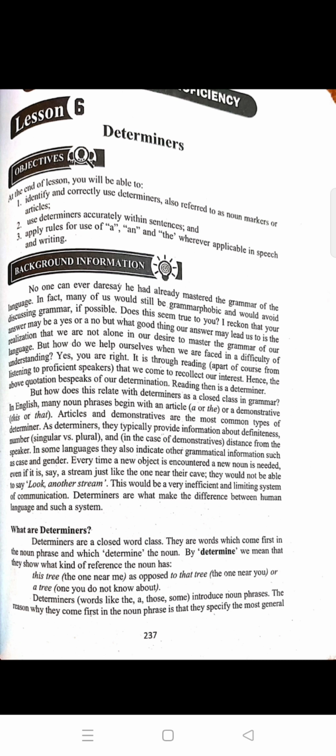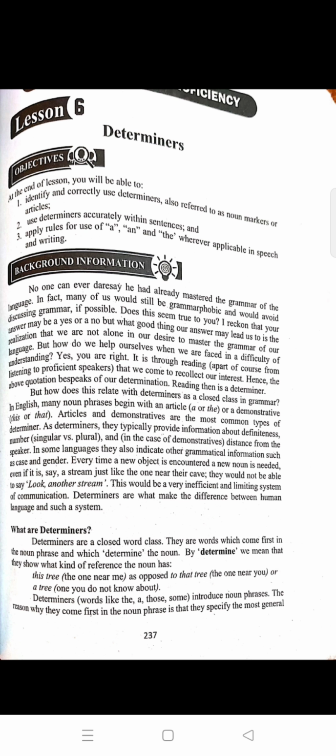So what are determiners? Determiners are closed word class. They are words which come first in noun phrase and which determine the noun. Kaya nga siya determiner because it signals that there is a noun.